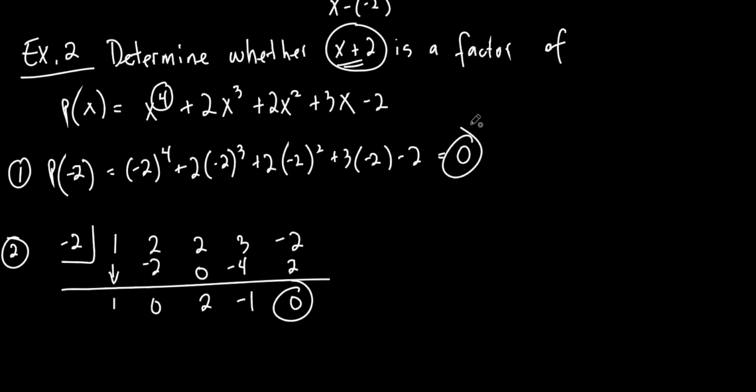We're going to use this step in another problem a little bit later, all right? It's really, really going to be helpful. So yes is your answer. Yes, x plus 2 is a factor. Which means it's just one of the things that's being multiplied in order to get this thing right here, all right?